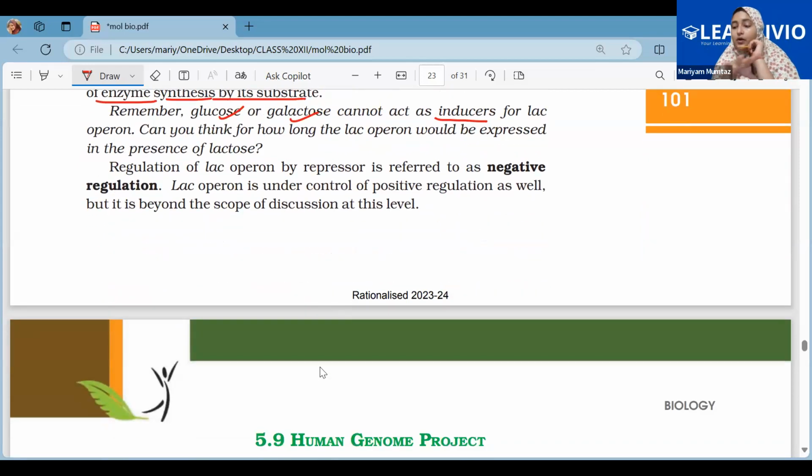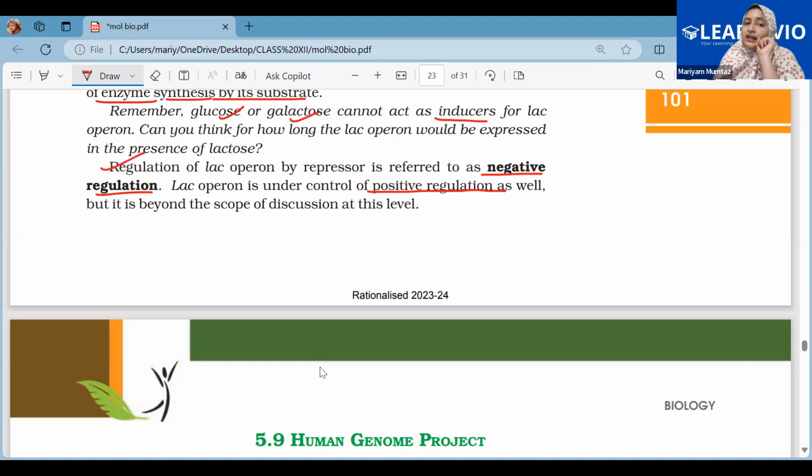Now, this type of regulation, wherein because of the presence of the inducer the repressor is inactivated and only then the process continues, is what we call negative regulation. So the lac operon is negative regulation. The lac operon is under the control of positive regulation as well, but we do not have to discuss that.